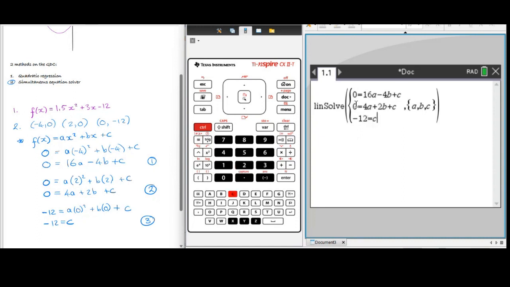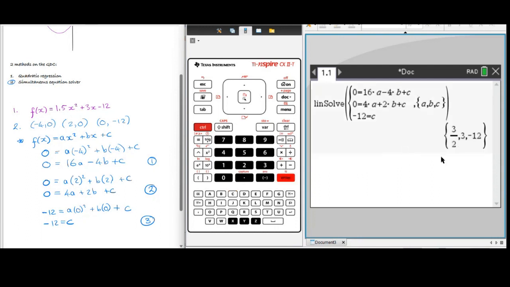I could have input just 2 simultaneous equations and substituted in -12 for the value of c and used the exact same method. When I hit enter, my calculator will return 3 values. So 3/2 or 1.5 is the value of a, 3 is the value of b, and -12 is the value of c. It will return them in the same order that it's written here.